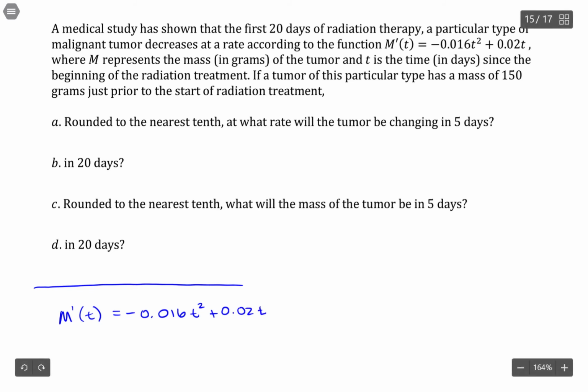And we're told that m represents the mass in grams of the tumor, and t is time in days. So this tells me the rate of change of the tumor with respect to time. So its unit is grams per day.